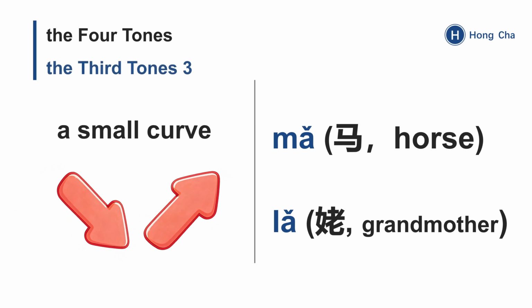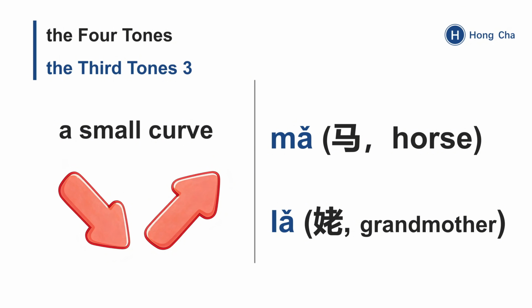The tone mark for the third tone is this, which is shaped like a small curve that first falls and then rises, similar to the bottom of a small hillside. When pronouncing it, you need to lower the sound first and then raise it. It should be noted that when this tone is read alone, there must be a curving process, and sometimes its pronunciation is simplified in words.